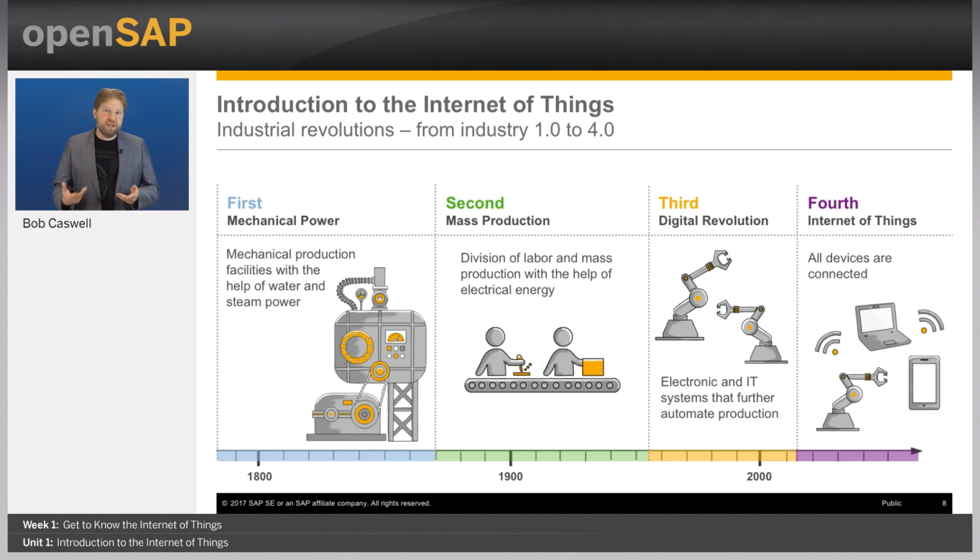And so now we're just getting started with what you might call the fourth version of industry, in which digital and physical systems and things are combined for even more productivity. The key difference this time is that this higher level of productivity is based on data, insights, and knowledge that are really only obtainable when everything is connected.